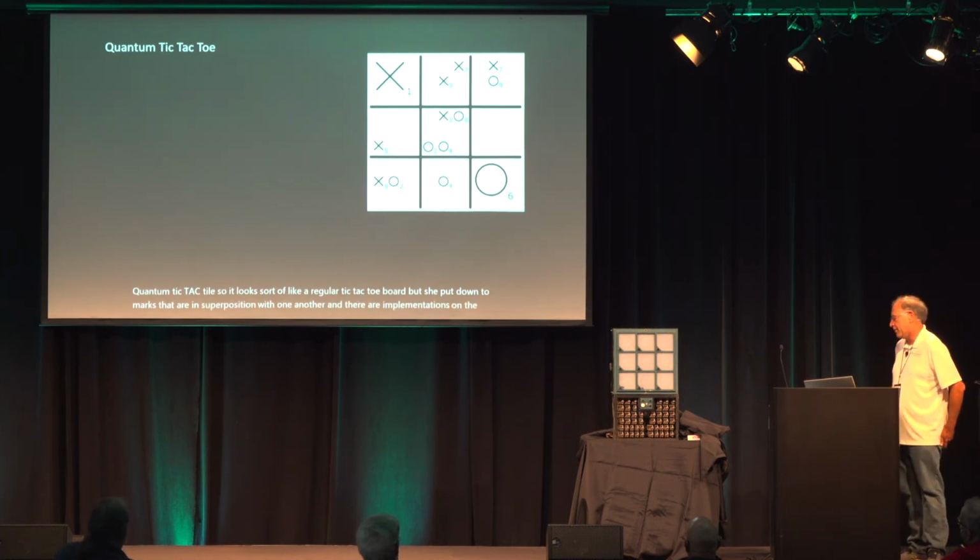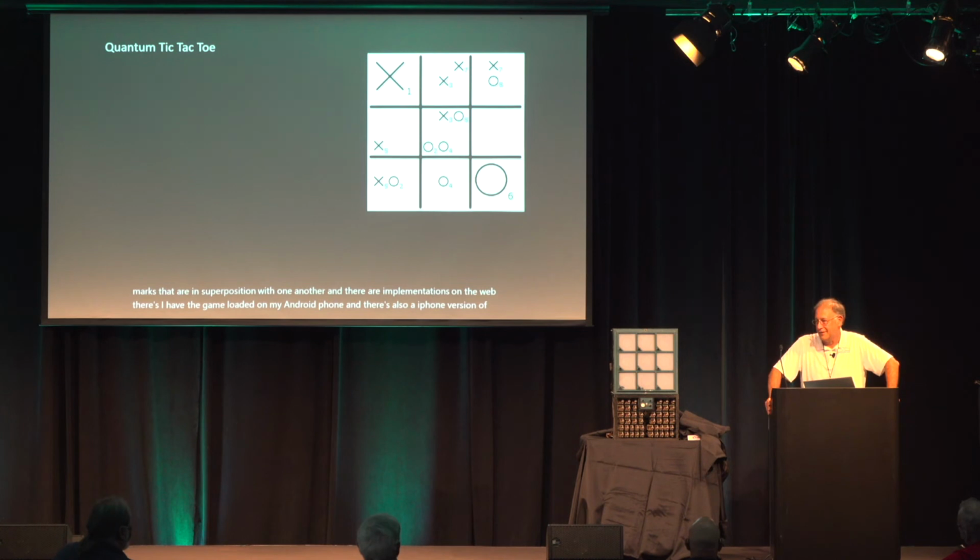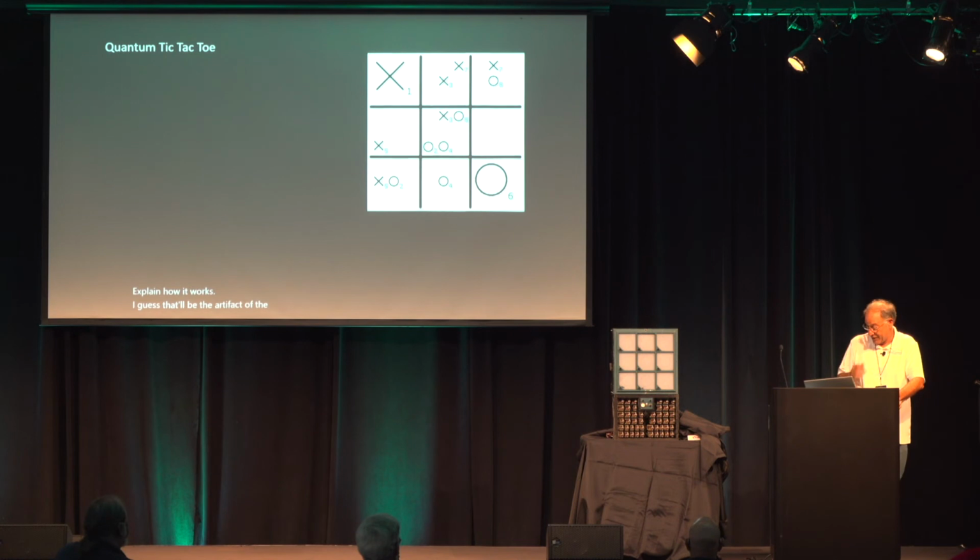I have the game loaded on my Android phone. There's also an iPhone version of it. Is anybody here able to explain how it works? I guess that'll be the artifact of the future as the next generation learns quantum programming, but it's not me.